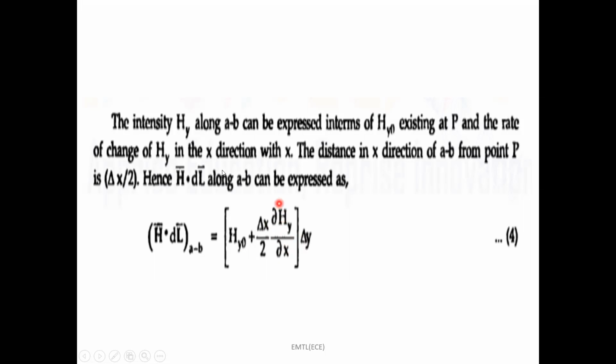This is the value along x direction. So here the distance in x direction from A to B from point B is delta x by 2.